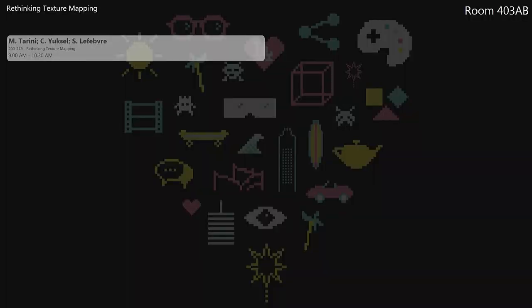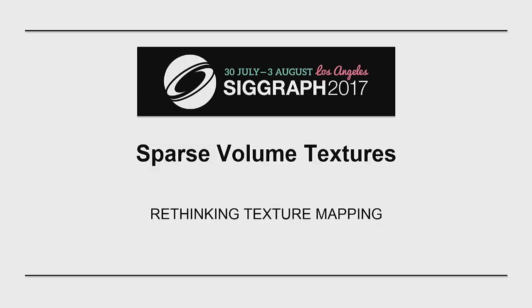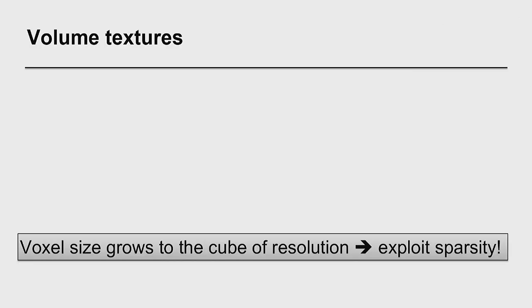So these are the connectivity-based representations that were proposed as alternatives to texture mapping. Now we're going to go directly into sparse volume textures that are proposed as alternatives to texture mapping. So what's the problem?